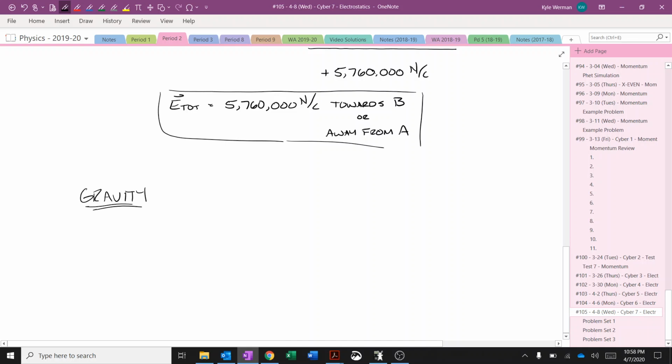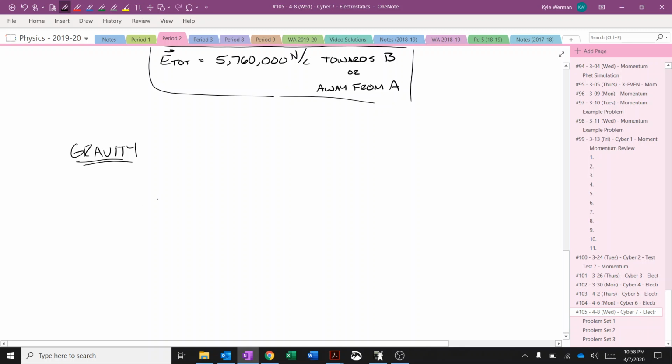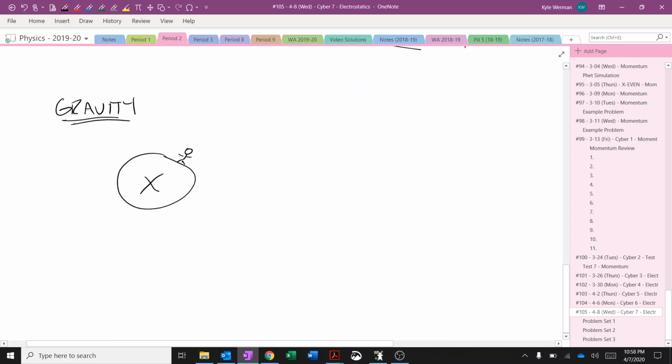If we were on some planet X, and you were a person standing on that planet, you would have a certain weight associated with that planet, due to your mass. And we could figure out exactly how you would accelerate at the surface of that planet.